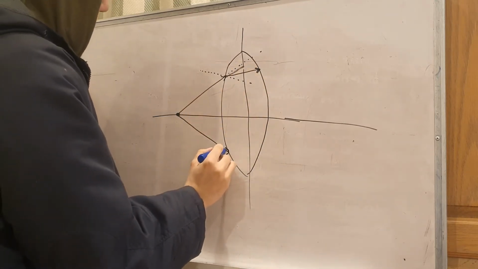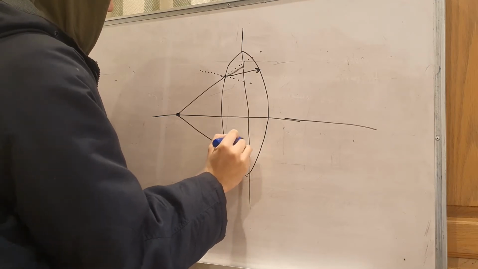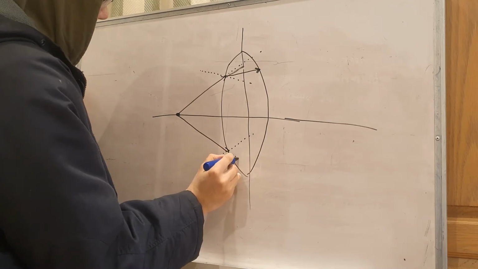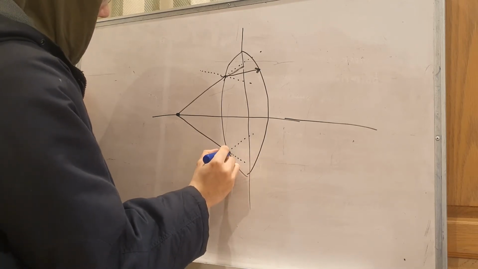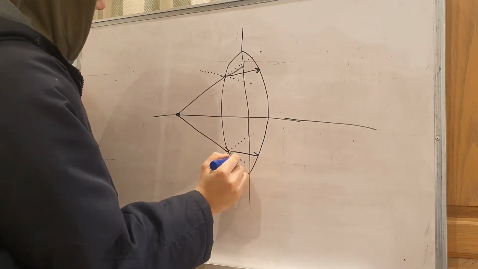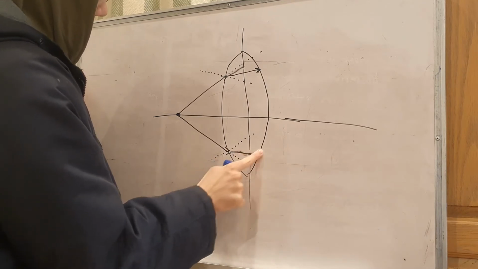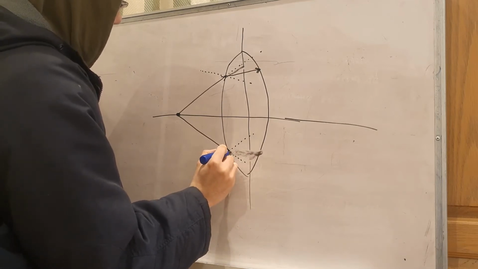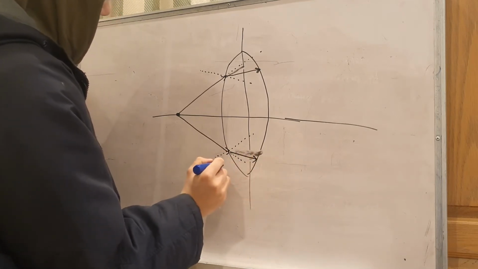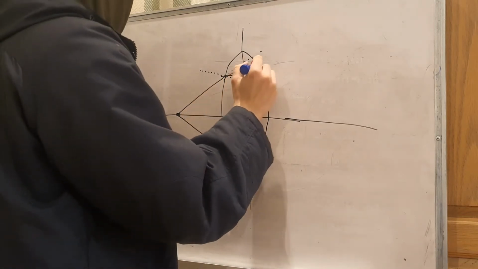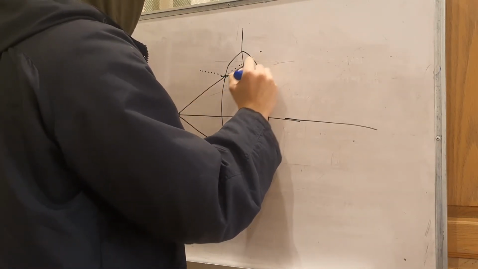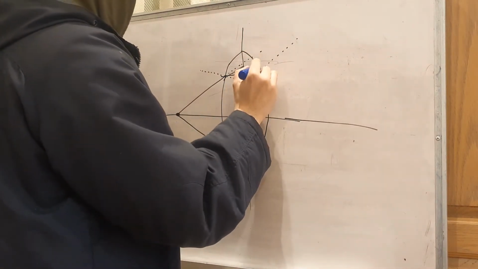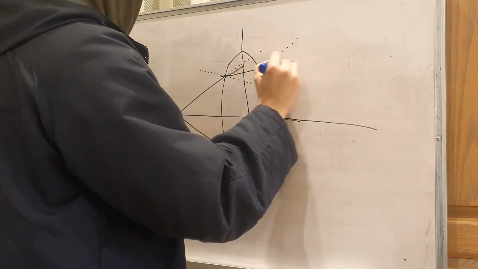Similarly here, the normal to this surface is like so. If there was no material, it would have gone straight through. However, it's going towards the normal, so it's going more like this. Actually, it's less. Okay, and then if you were to draw a normal to the surface, so that's the normal to that surface, and it would have gone sort of like this.